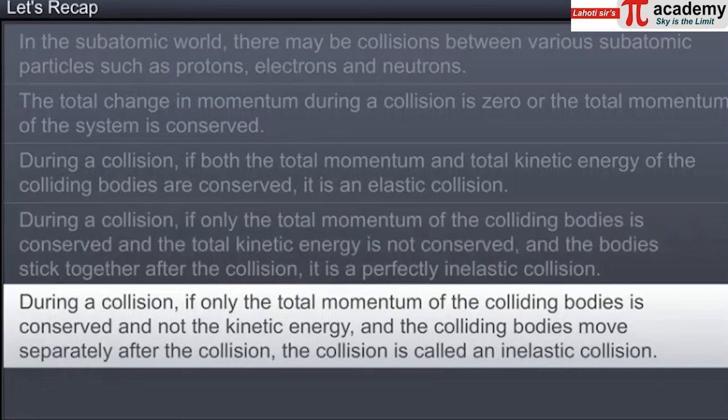During a collision, if only the total momentum of the colliding bodies is conserved and not the kinetic energy, and the colliding bodies move separately after the collision, it is called an inelastic collision.